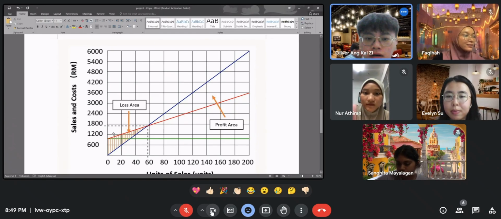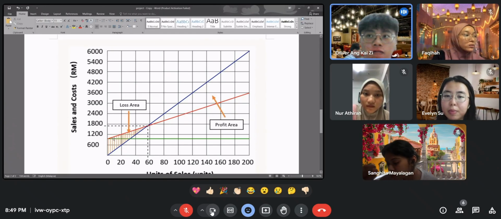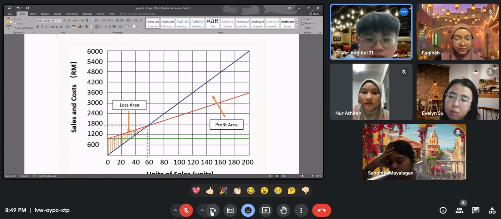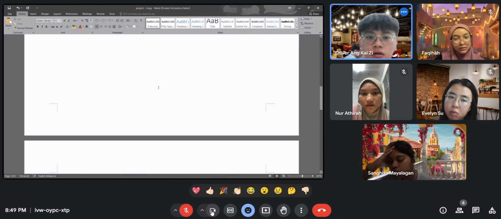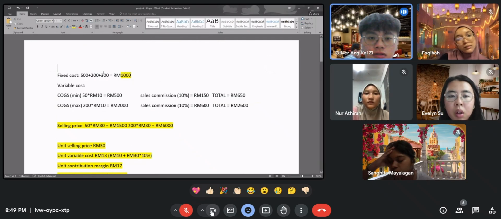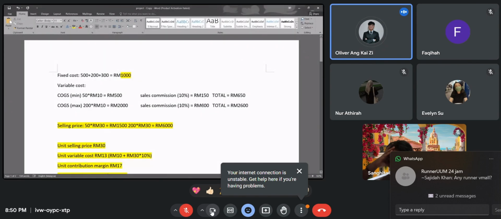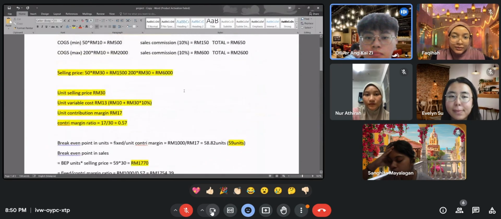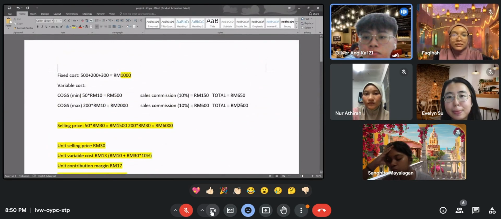How about this red line, which is the fixed cost and the variable cost? The variable cost plus fixed cost is the mixed cost. So we need the 1,000 fixed cost, then plus variable cost, which is the total. Because the total sales is 200 units, I also calculate the maximum variable cost, and the answer is 2,600 ringgit.